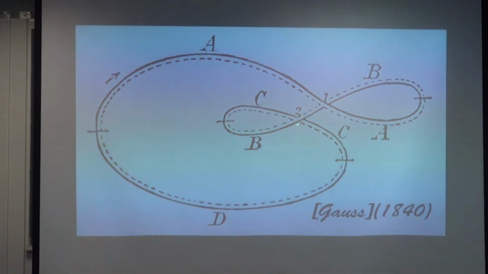And then he defined Gauss words, namely he marked the crossing points, in this case 1 and 2, and a Gauss word would be 1, 1, 2, 2. So the question was, once the intersection points are marked, in which order are they traversed by the curve itself? So which orders are possible?